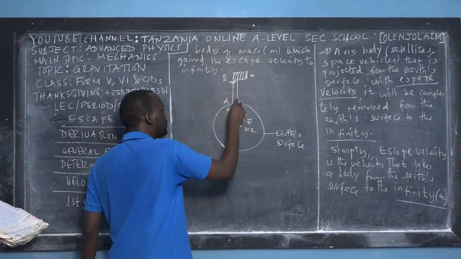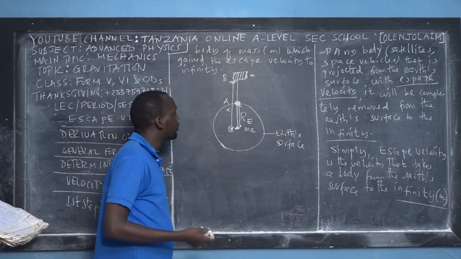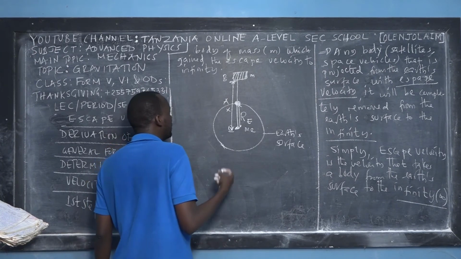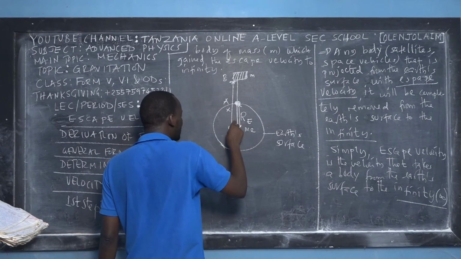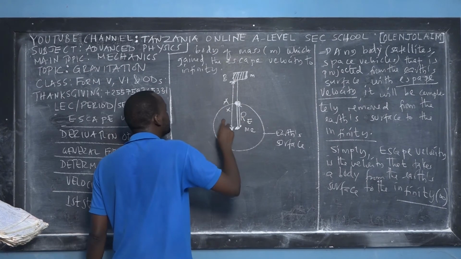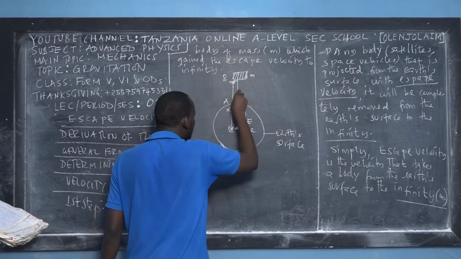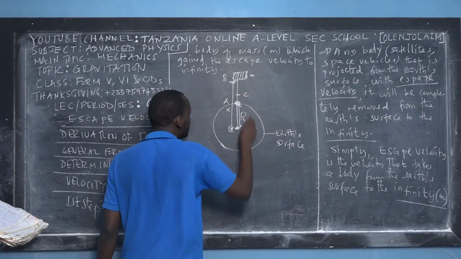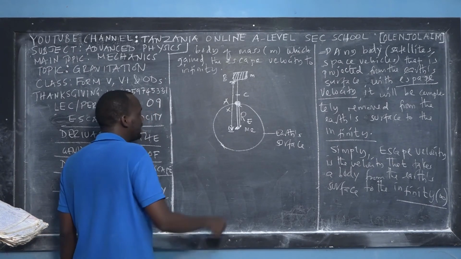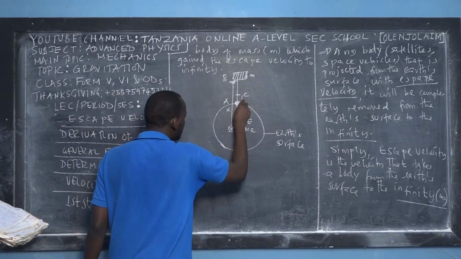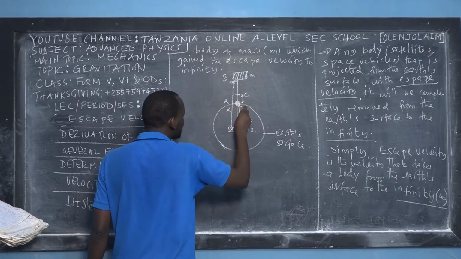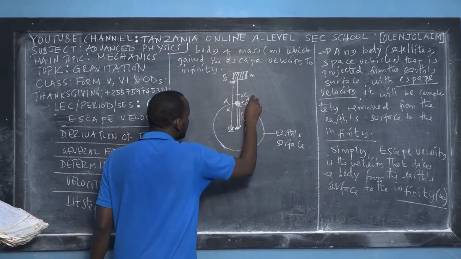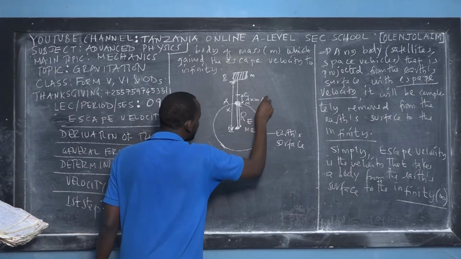There's a work done required to remove a satellite or a body from point A to point B. Suppose that we want to know the amount of work done between point A and point C. If that's the case, we have a small distance here which has been traveled by a body of mass m. And this small distance, we call it dx, or in other words, the change in x.